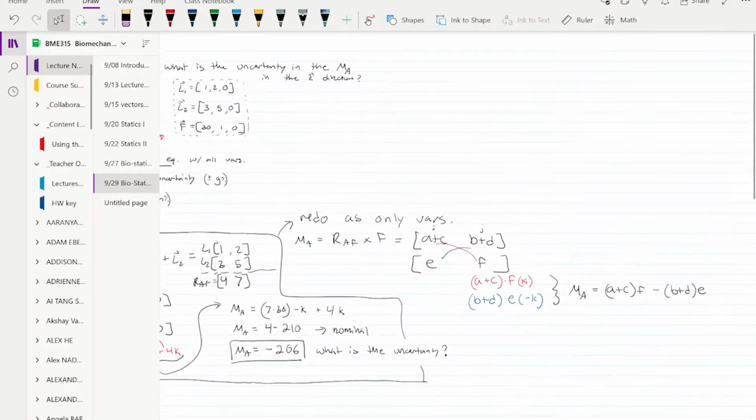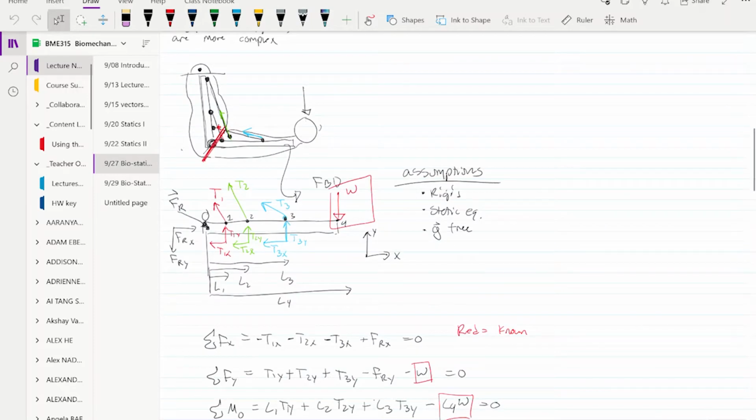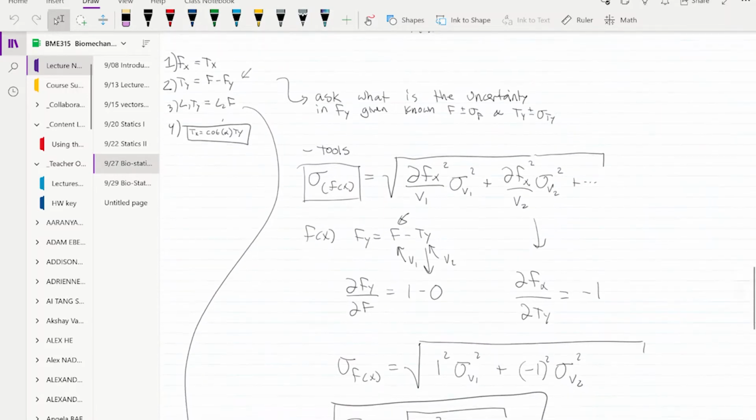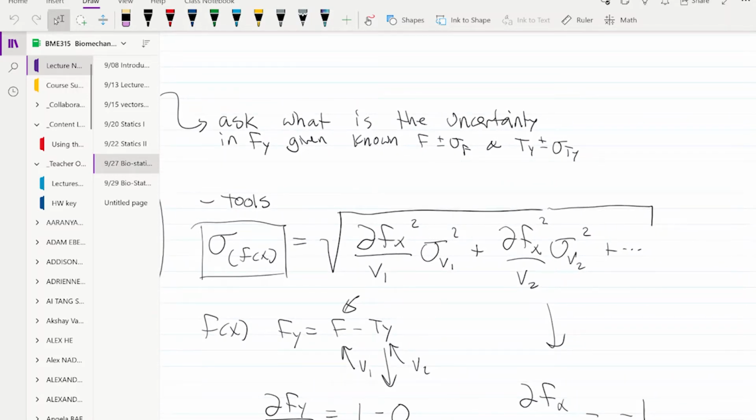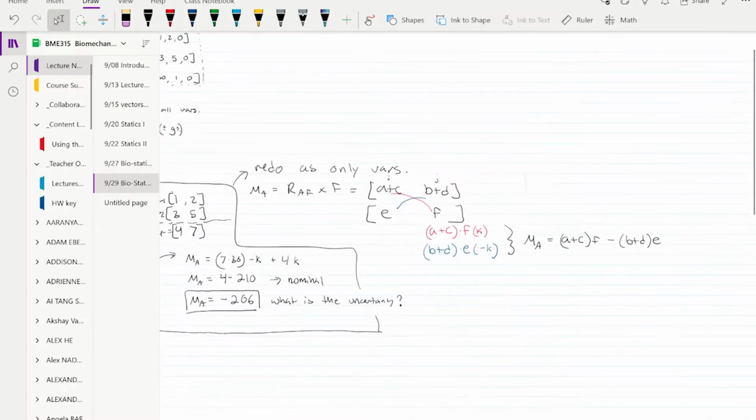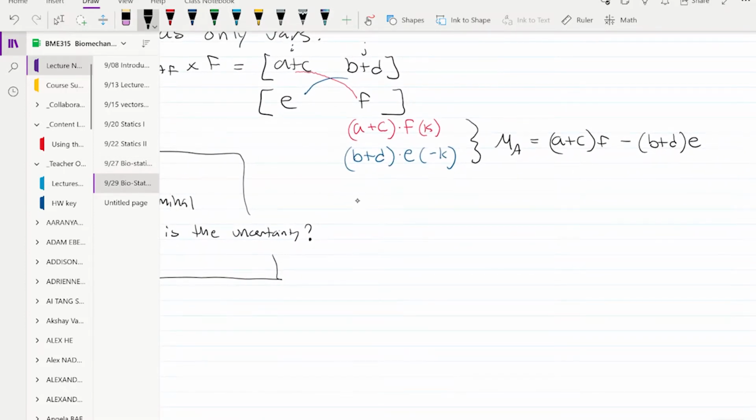So remember the uncertainty equation we looked at last time, this guy here. Let's rewrite that. Now we look at the uncertainty.